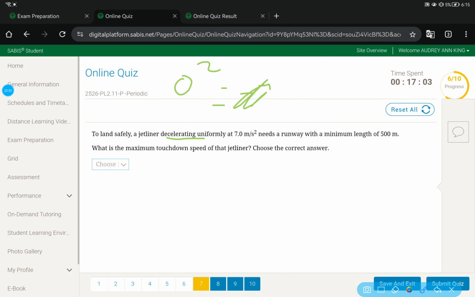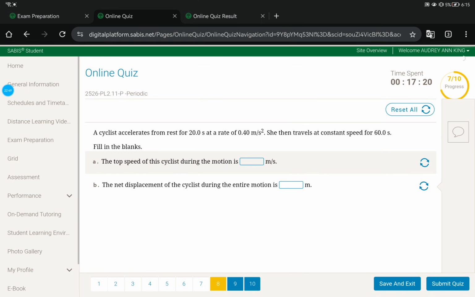The acceleration is going to be negative 7. We're going to call this x squared plus 2 times negative 7 times 500, and after solving you should get 83.7.